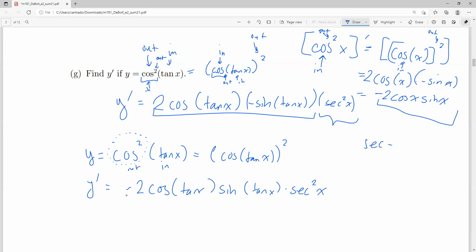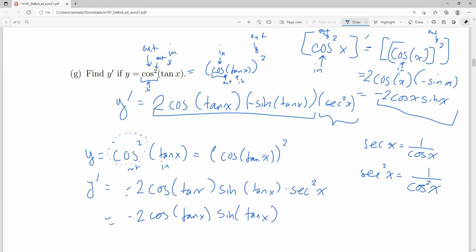Secant of x is equal to 1 over cosine of x, right? So secant squared of x is 1 over cosine squared of x. So really we have -2 cos tan x sin tan x times 1 over cosine squared of x.